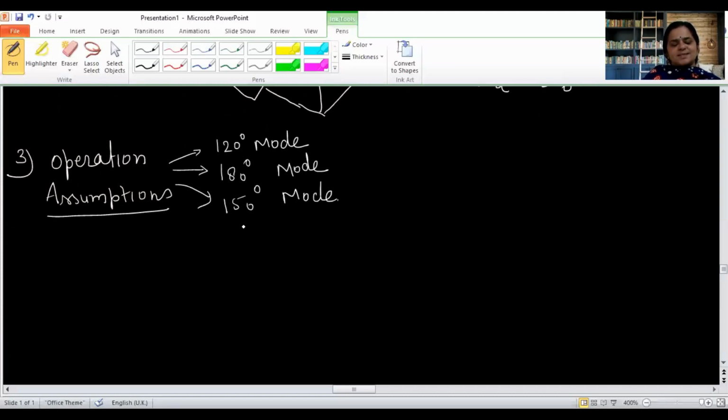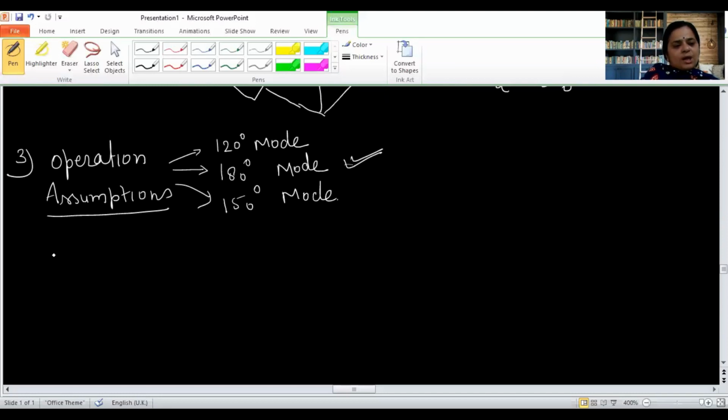That means each SCR connected in the power circuit diagram will operate for 150 degrees. So in this video, I am going to discuss the 180-degree mode. Then in a future video, I will show you the operation of a three-phase inverter for the 120-degree mode as well as the 150-degree mode.